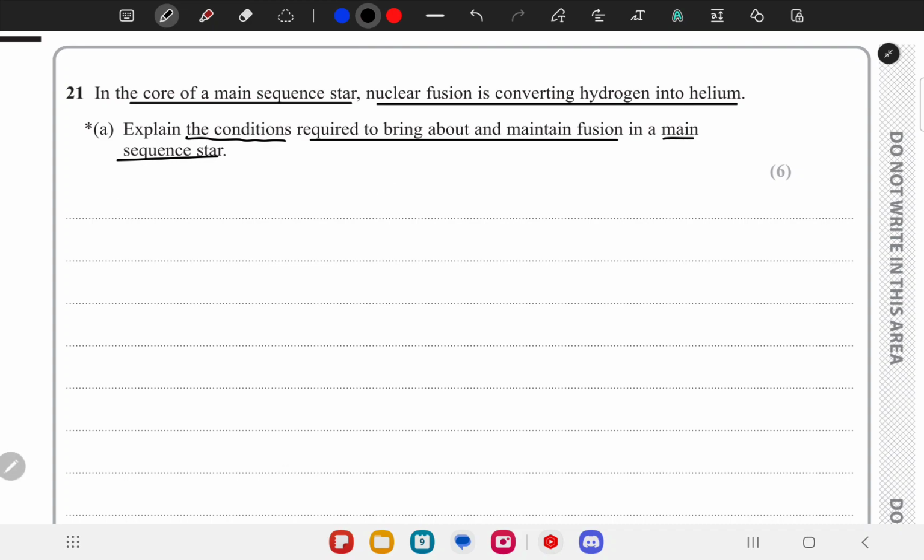So we need a high temperature and high density. We need the high temperature because we want the nuclei to have high enough kinetic energy to fuse, because it has to overcome the electrostatic repulsion, and it must have a high density so that the nuclei are closely packed together, so they collide more often and have a high collision rate.